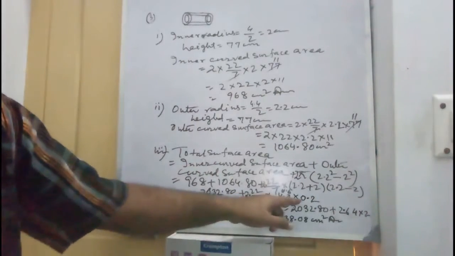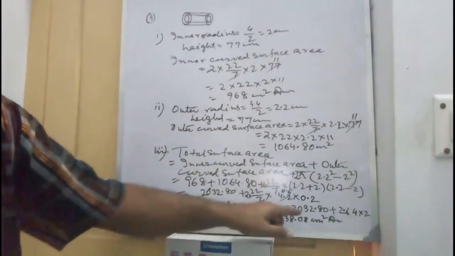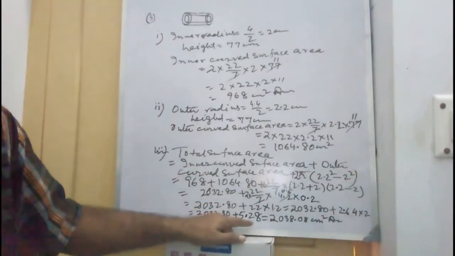Now multiply these four numbers, which is equal to 5.28.